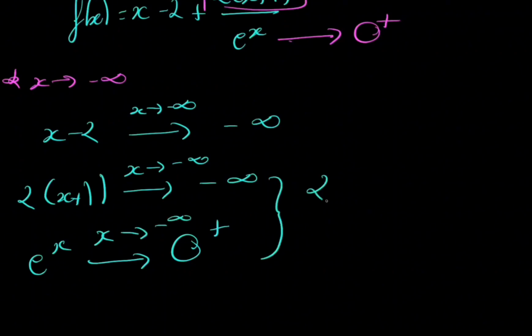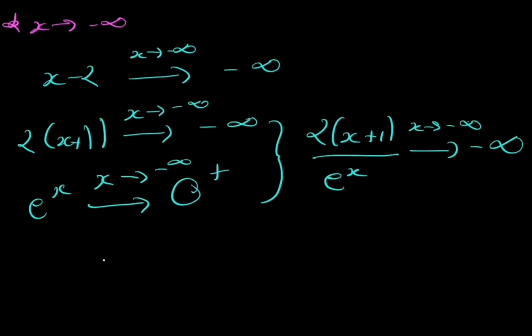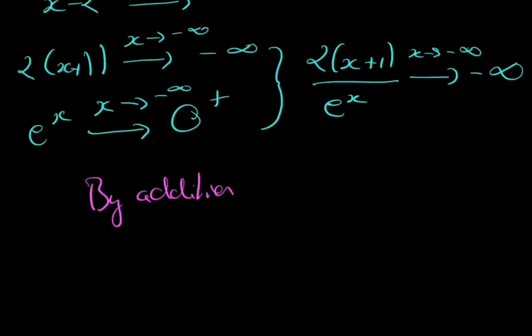This implies that 2x plus 1 over exponential of x will tend to minus the infinity as well when x tends to minus the infinity. And in conclusion, by addition, we will have f of x that will tend to minus the infinity when x tends to minus the infinity. Okay.